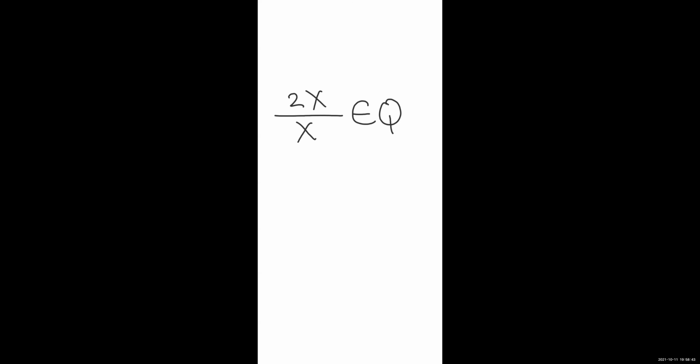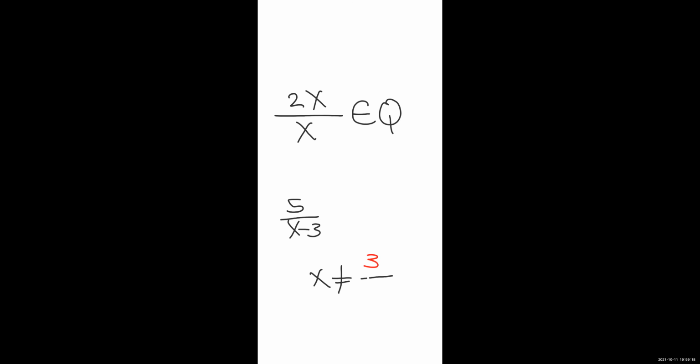If it comes 5 over x minus 3 belongs to Q, then x not equal 3 only. Oh, you mean the steps? Okay, if it's simple like that, so x not equal 3.